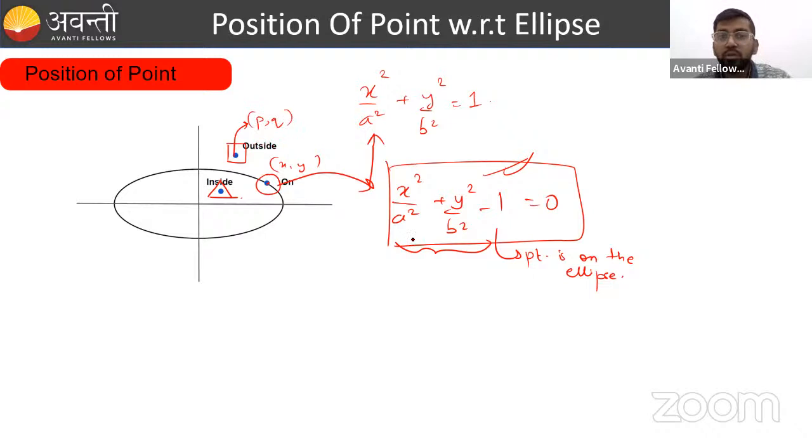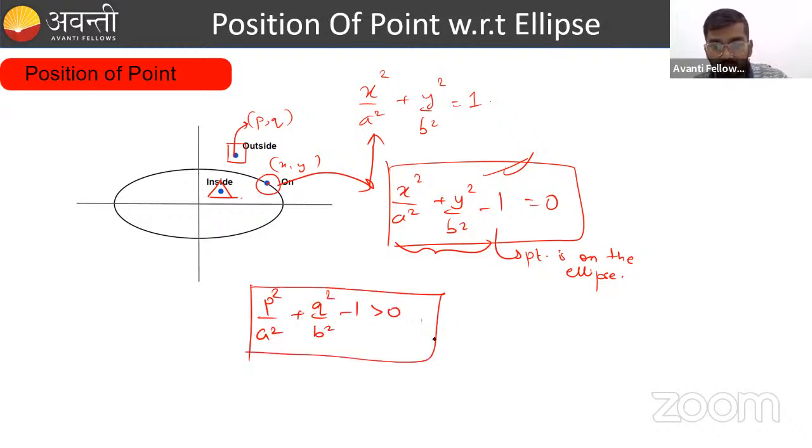Now (p, q) is put into this expression: p square by a square plus q square by b square minus 1 should be greater than 0. If this is the condition, then the point is outside the ellipse.